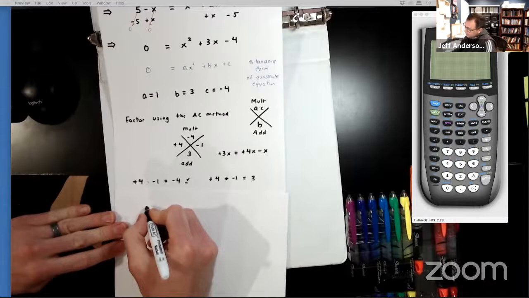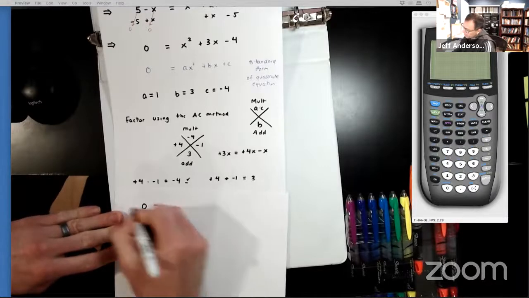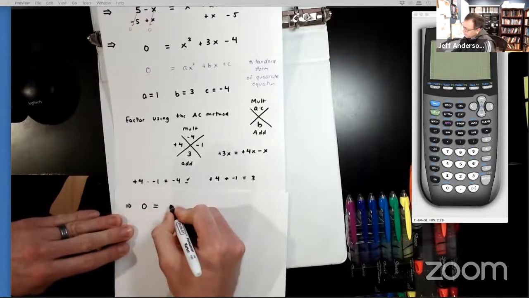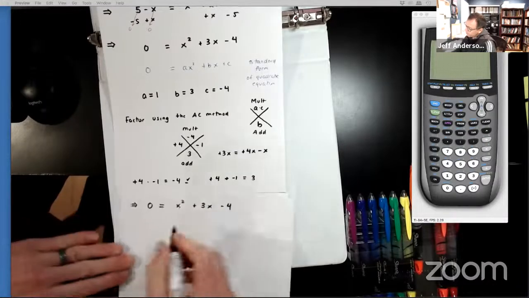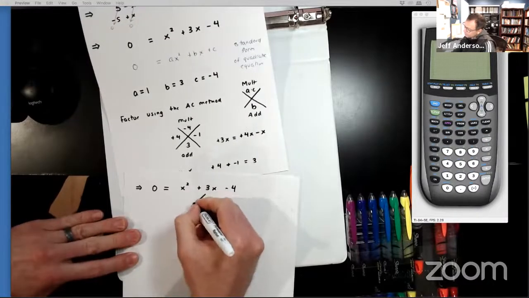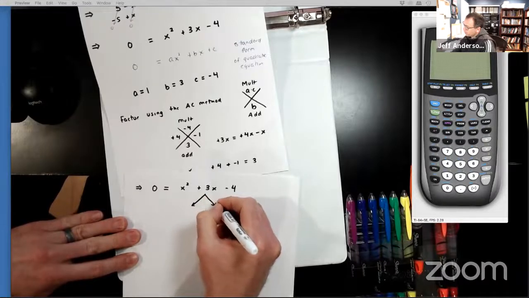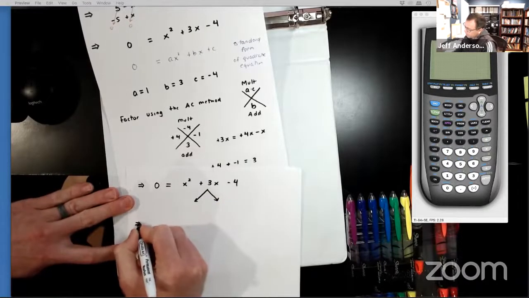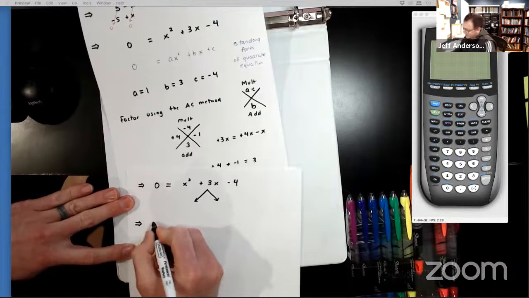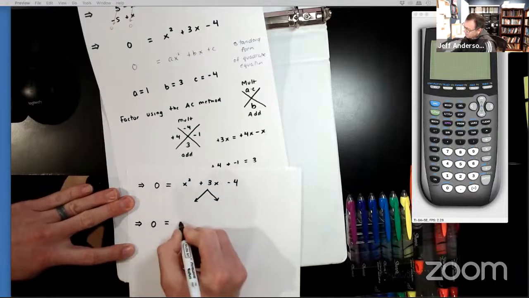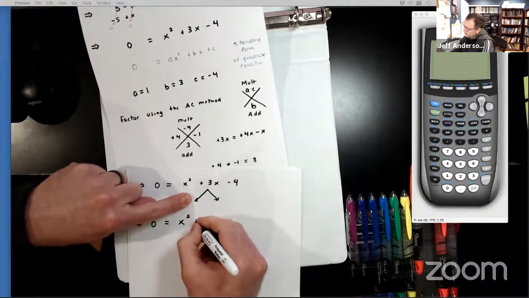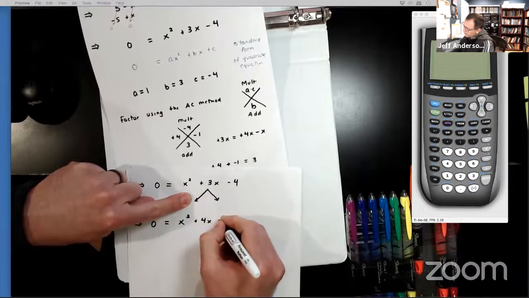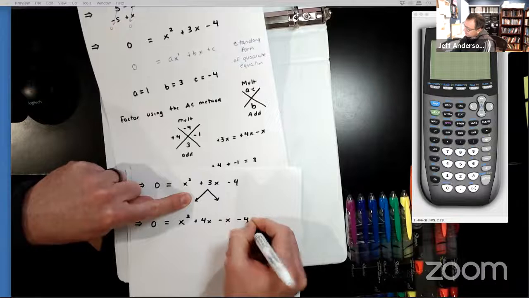If I look at my original equation, which was 0 is equal to x squared plus 3x minus 4, well, I can do something called split the middle term. I had a lady in my 105 class years ago that taught me this. I'd never seen it before. So my Math 105 students taught me. So 3x becomes +4x minus x minus 4.